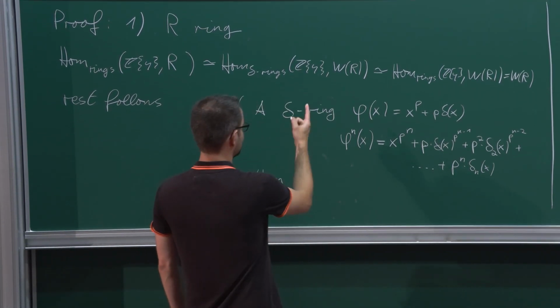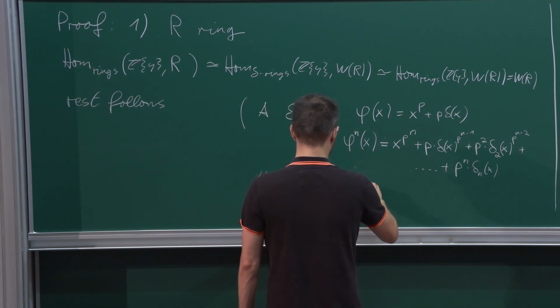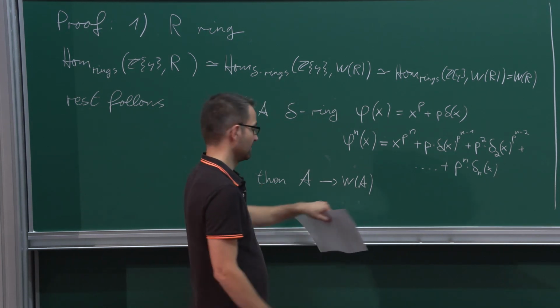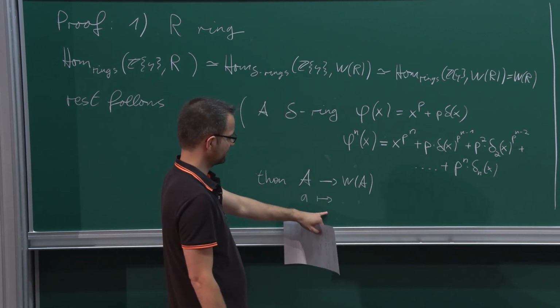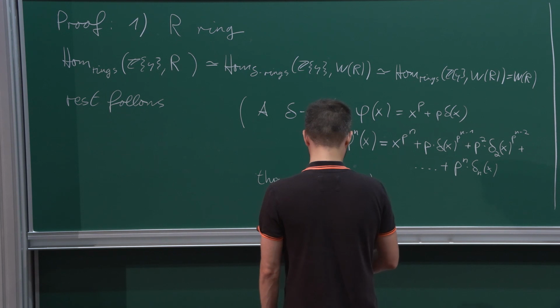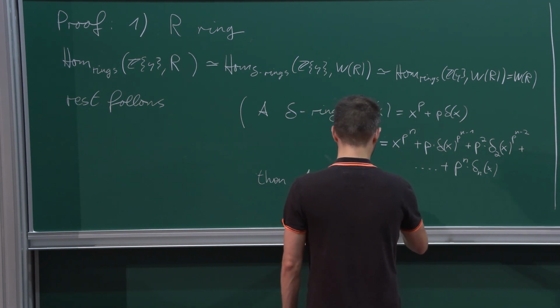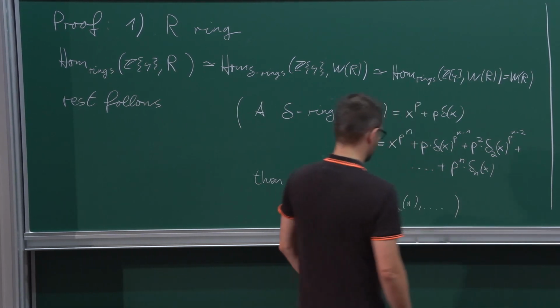And then, in order to understand this adjunction, one needs to understand this unit map from A to the Witt vectors of A. And so it's given as follows. An element a is mapped to the following Witt vector, given by delta of a and then delta 2 of a and so on.